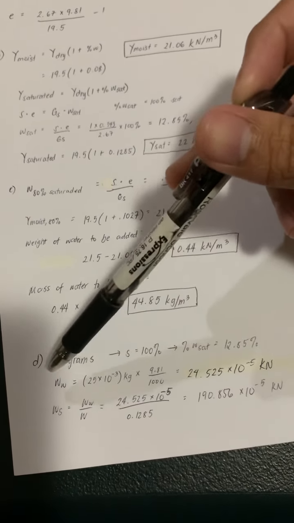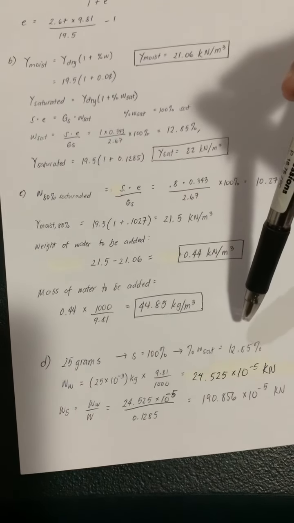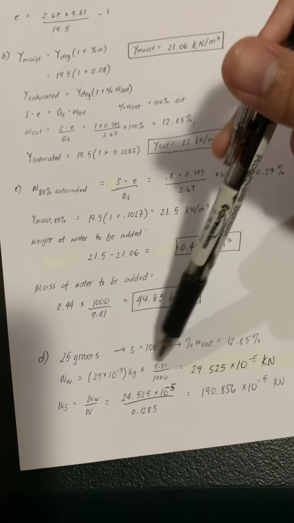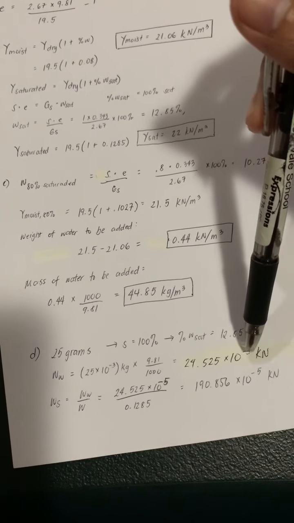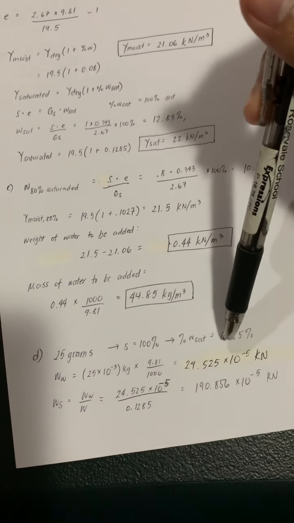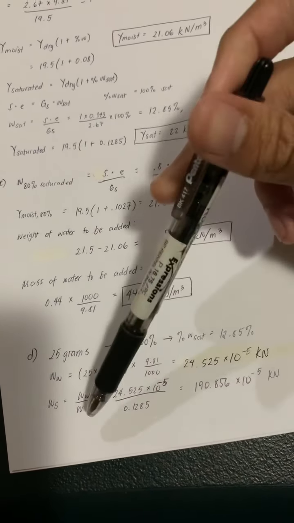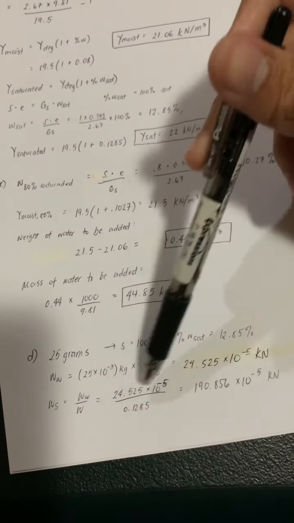I converted it first to kilograms and then multiplied it by 9.81 over 1,000. Then I got this. So I divided this with this in order to get the weight of the solid.